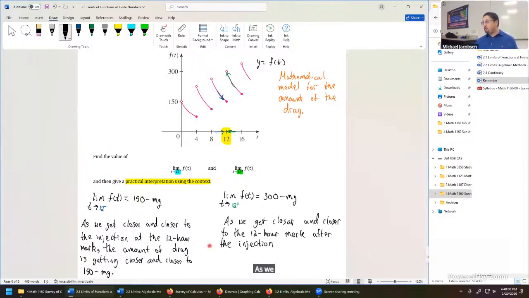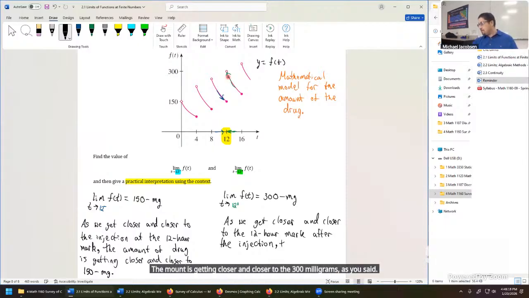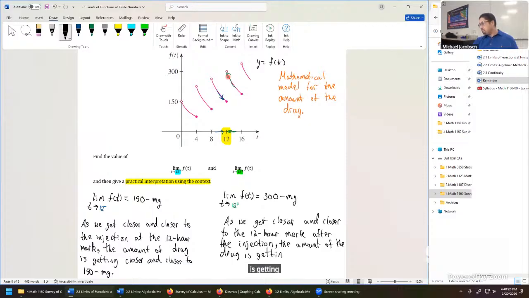As we get closer and closer to the 12-hour mark after the injection, we're after, so we're to the right of 12 hours, the amount is getting closer and closer to the 300 milligrams, as you said. The amount of drug is getting closer and closer to 300 milligrams. And that'd be one take on it.